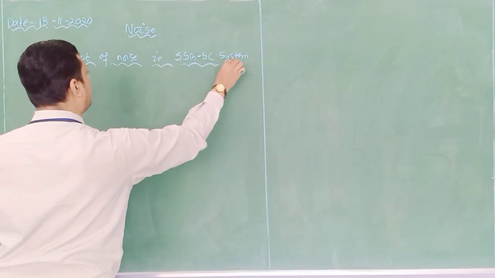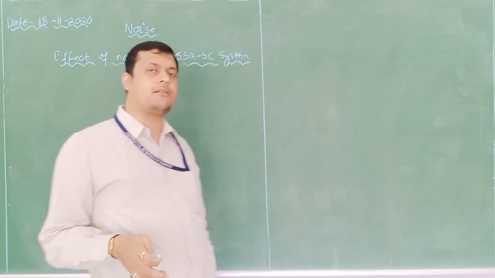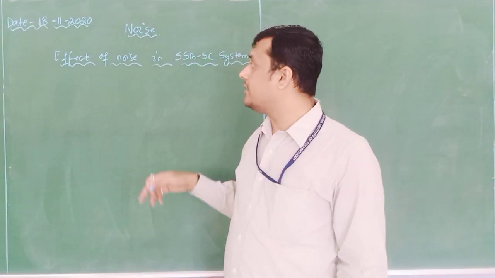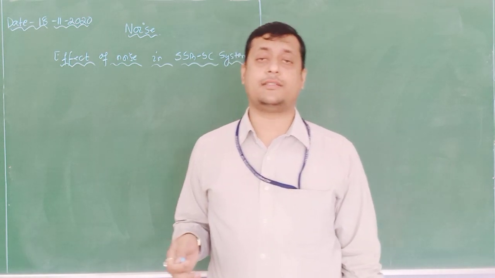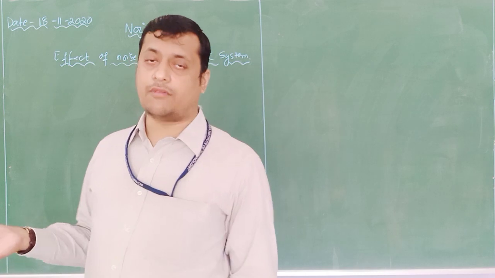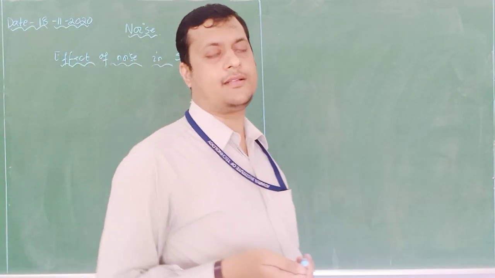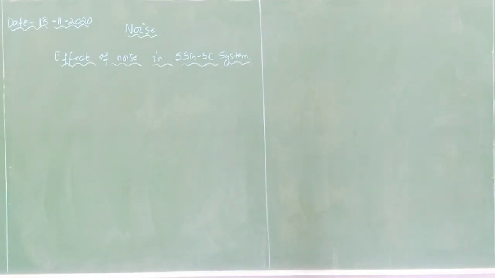With the help of that we will analyze the power available at the input signal, the power available at the noise signal, and then identify the ratio at the input side, the SNR, and the output ratio at the demodulator output. Then we will take a ratio of the output SNR with respect to the input SNR, and we will see the figure of merit.